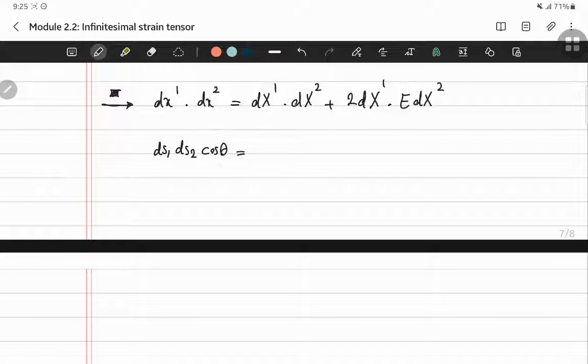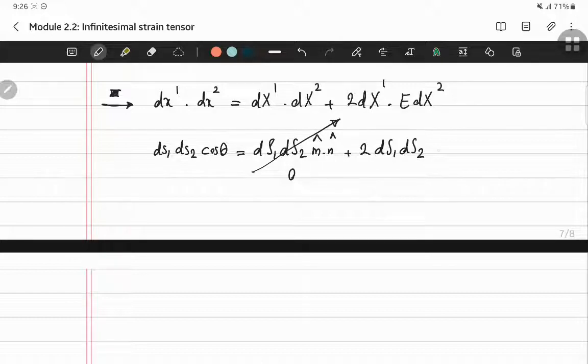Therefore, ds1 ds2 m dot n, which is 0, plus 2 dS1 dS2.